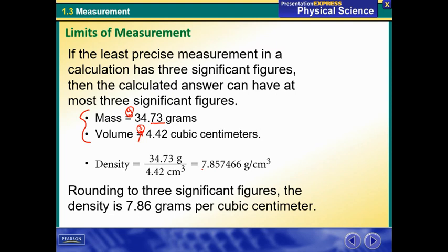You're originally going to get this super long number, but your answer can only be based on 3 since it was your least precise. You can keep the 7, you can keep the 8, and you're going to notice that there's a 5 here, but they wrote 6, and that's because the 7 behind, since it's bigger than 5, rounds up that 5 to a 6.